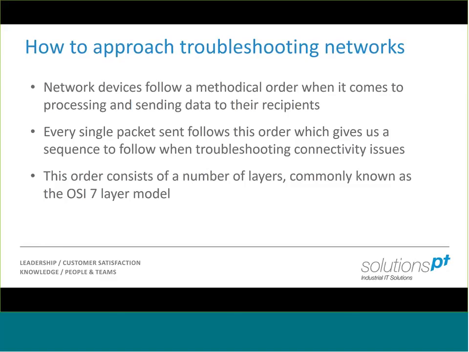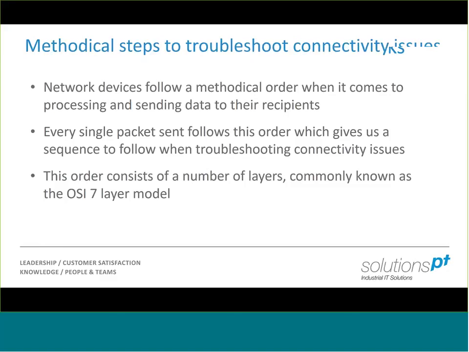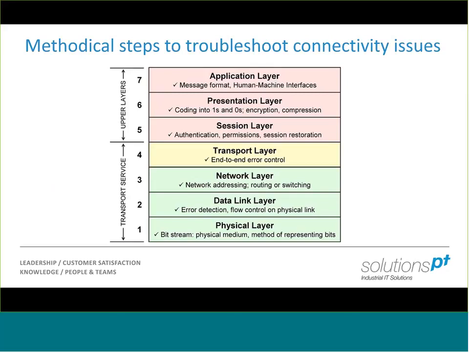So we can use this order to give us some methodical steps to approach a troubleshooting situation, and we can follow a process of elimination to find where our issue lies. Now this order, some of you might have already come across it before, and we're going to break it down into 7 layers, commonly known as the OSI 7-layer model.